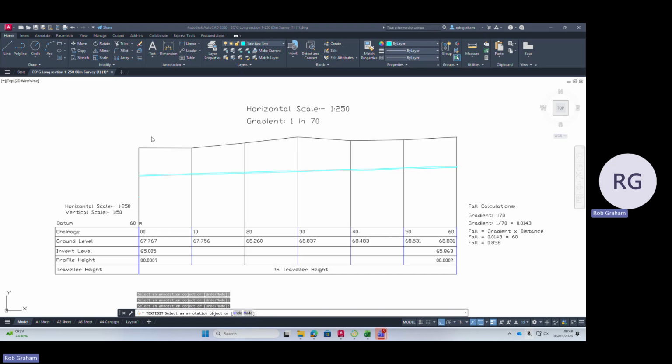Basically, for human comfort, we want the profile height to be between 0.5 meters and 2 meters. So that's rule number one. The profile height should be between 0.5 meters and 2 meters, depending on who is going to be setting this out.